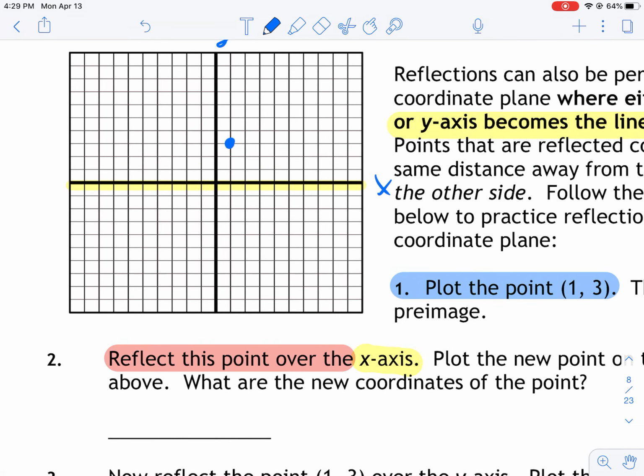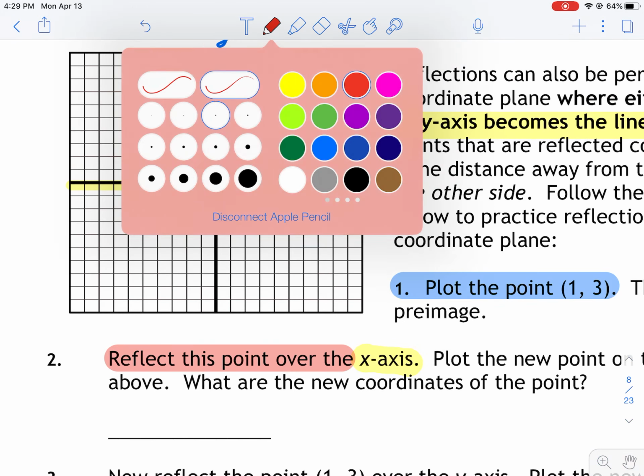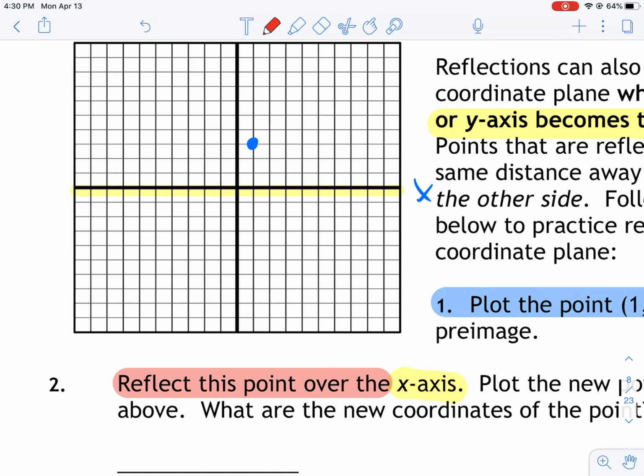So we're going to take that point and reflect it over the x-axis. For this to work, you have to determine the distance the point is from the line of reflection. If I count, the point is 1, 2, 3 units away from the line of reflection.